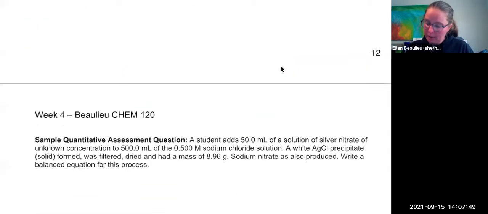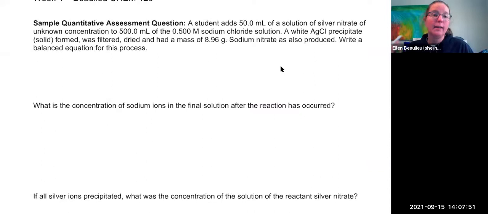This last problem is a doozy. It's a multi-part. I encourage you to pause the video after each part, check your work before you go on to the next part. So take it like a progression, because you got to have the first part to get the second part. And then the other parts may or may not be related, but you want to solve it sequentially.